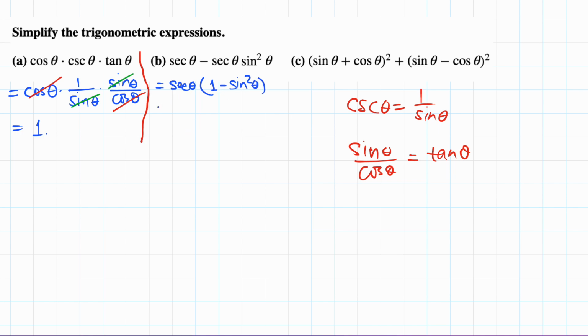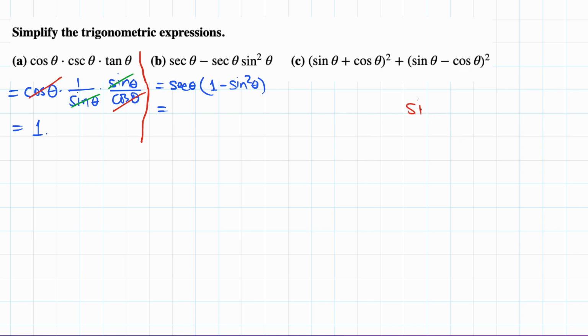Now we write secant theta is 1 over cosine, because secant is the reciprocal of cosine, right? But what can be done for 1 minus sine square theta? Square means it should be related to Pythagorean identities.